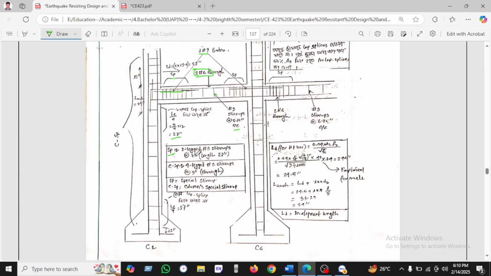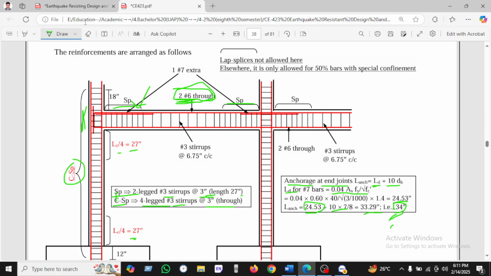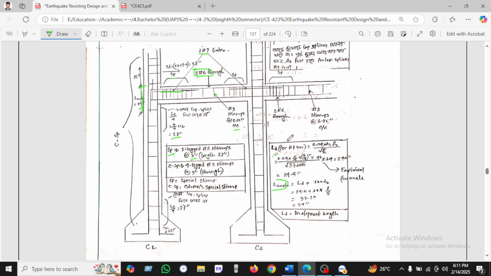The SP is already seen here at 3 inches center to center. This is the 18, and LDH is 34, because we calculated it here. LDH is the development length plus 10D, so the development length is 24 and LDH is 34.